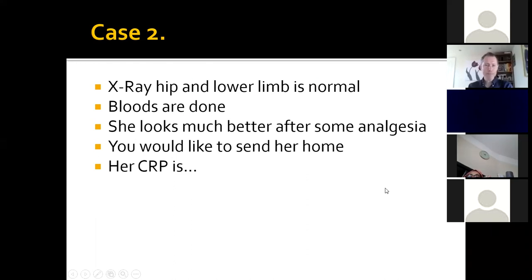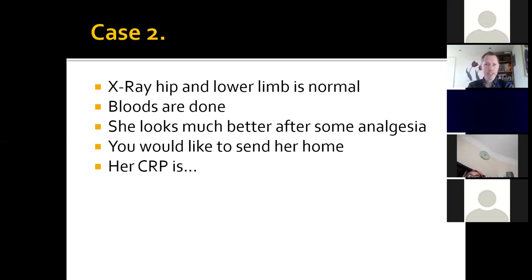So this girl actually had an X-ray of her hip and lower limb, which was normal. Bloods were done, but actually after some analgesia, she was looking much better. She seemed to be weight bearing a bit more comfortably on the left leg.